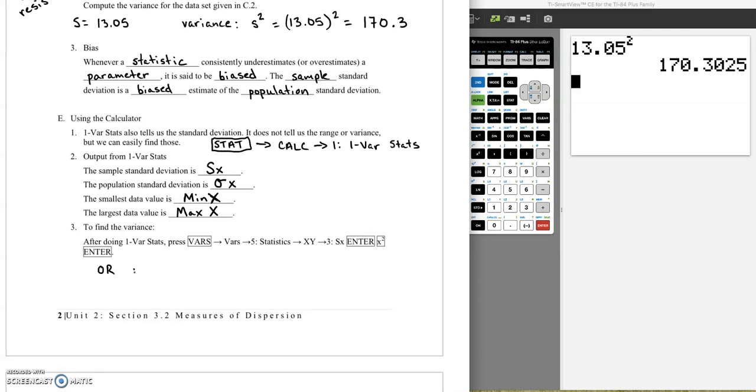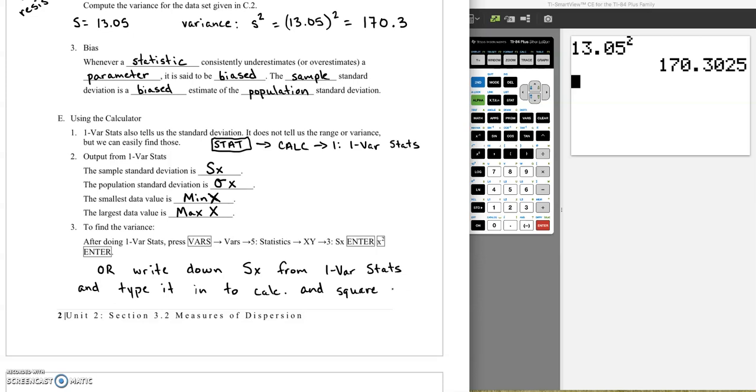Or write down Sx from the one var stats, type it into the calculator, and then square it.